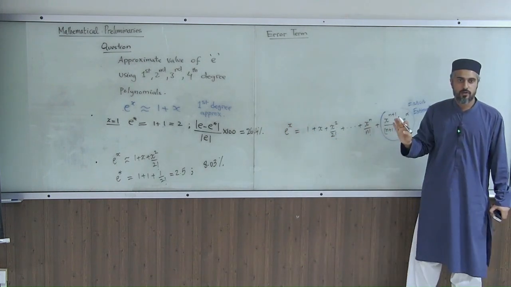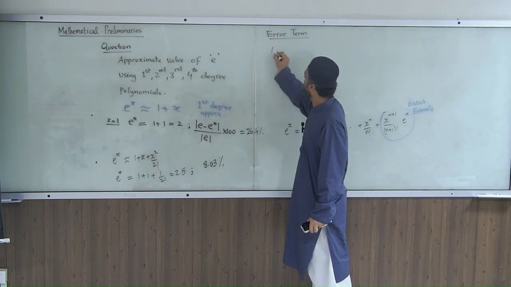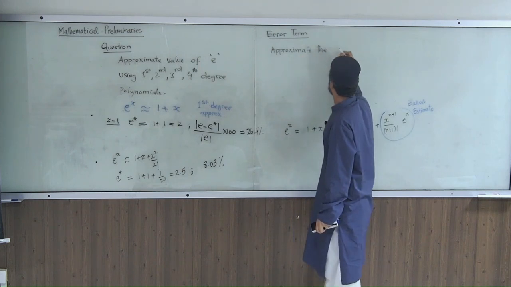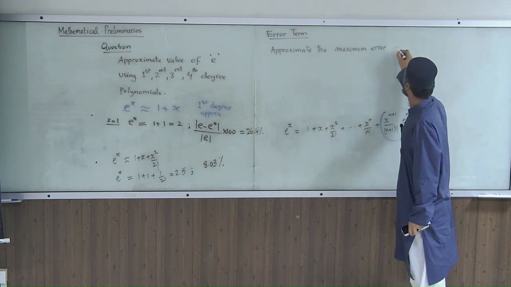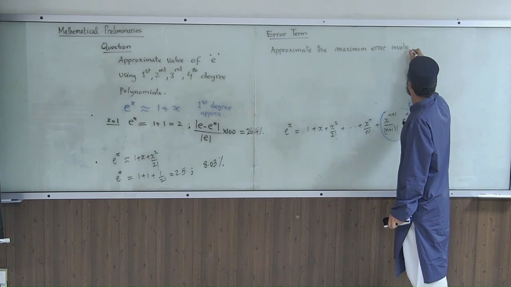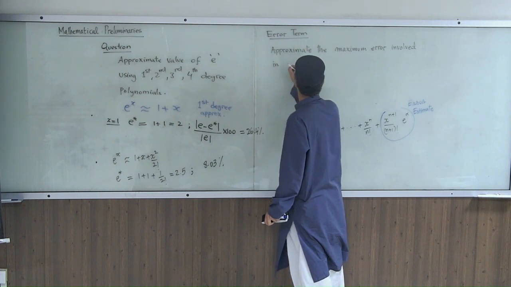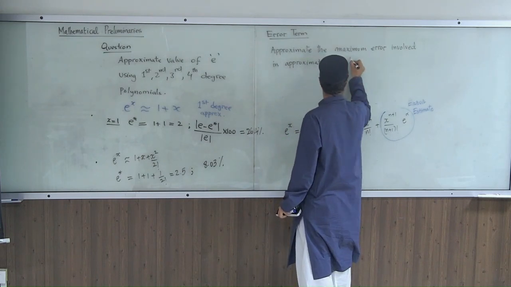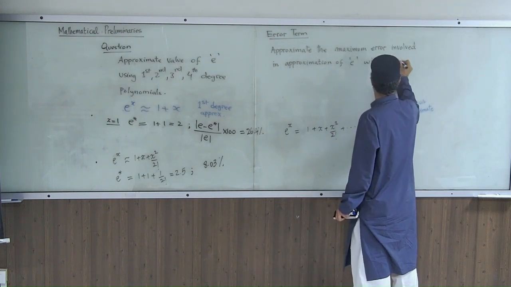Let me just write a question, and through the question we try to understand this. Okay, so approximate the maximum error involved in approximation of e with fourth degree polynomial.